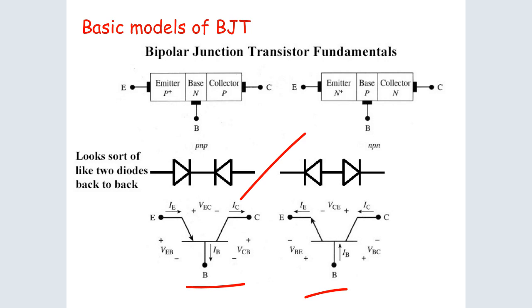If you check how the arrows are moving, this is coming in, this is going out, and that is going out. On the other end, we have a similar approach: IE coming in, IB going in, and IC going out. So IE is equal to IC plus IB.